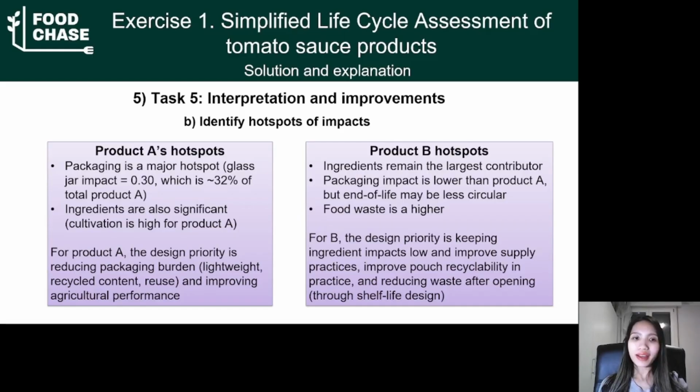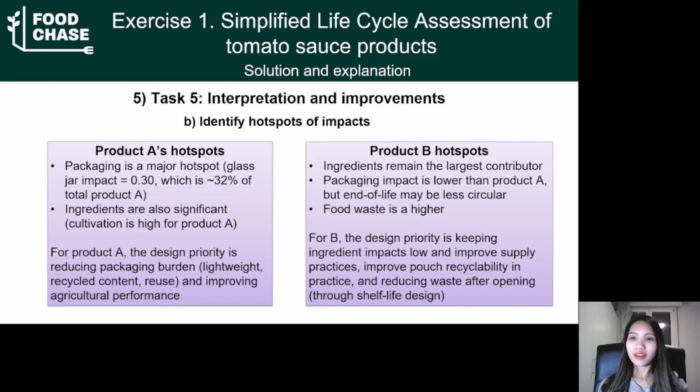So for product A, the design priority is reducing packaging burden with lighter weight, recycled content or reuse, and improving agricultural performance. In the case of product B, the ingredients remain the largest contributor.